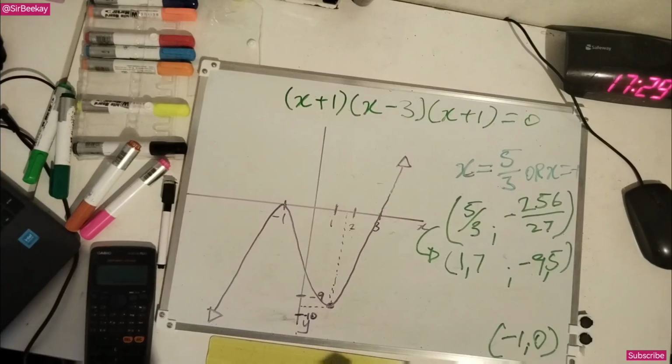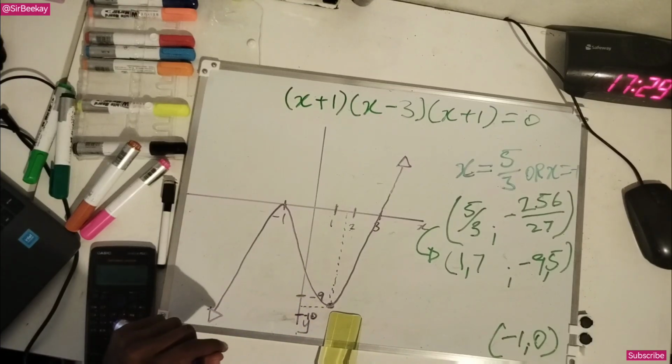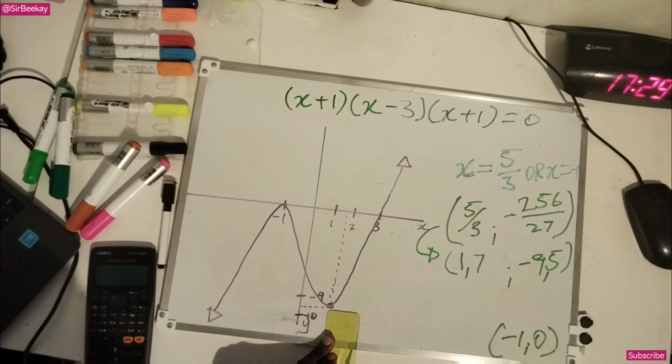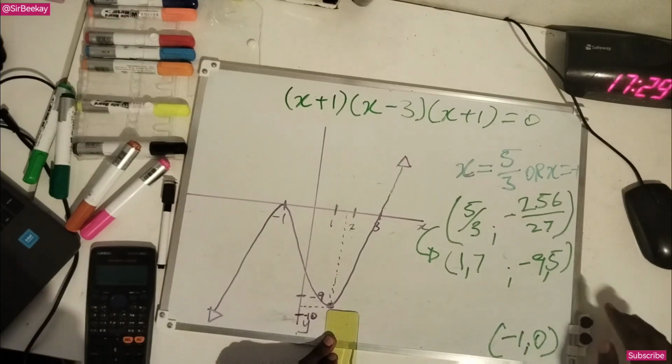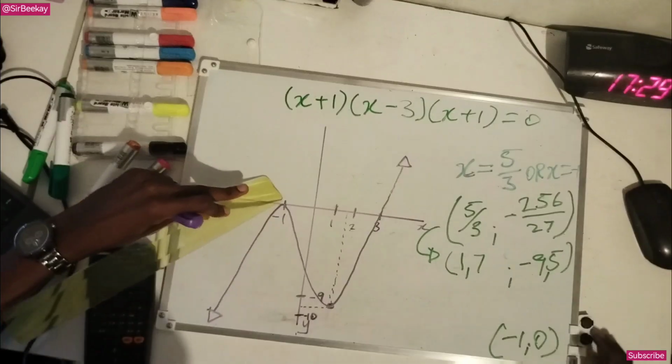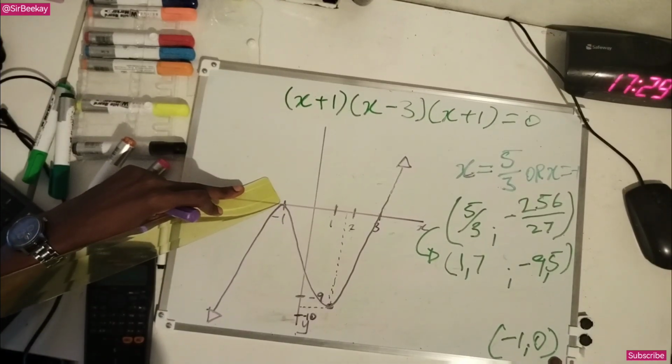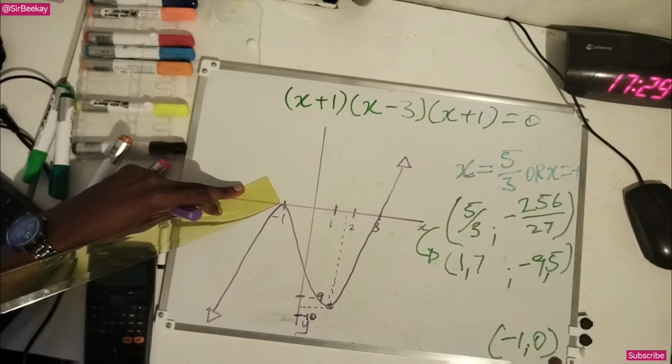This is the graph that comes out. So let us interpret this information. This is our local minimum, like we said. And this is our local maximum, like we said, where our rate of change is equal to 0 because the graph doesn't increase nor decrease at those 2 points.